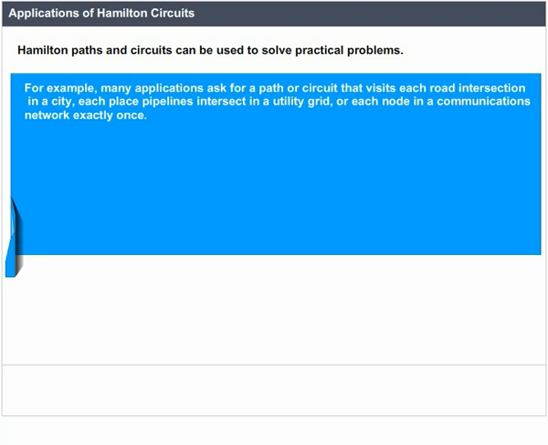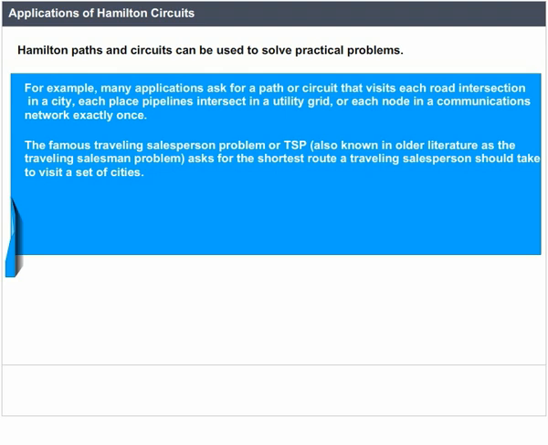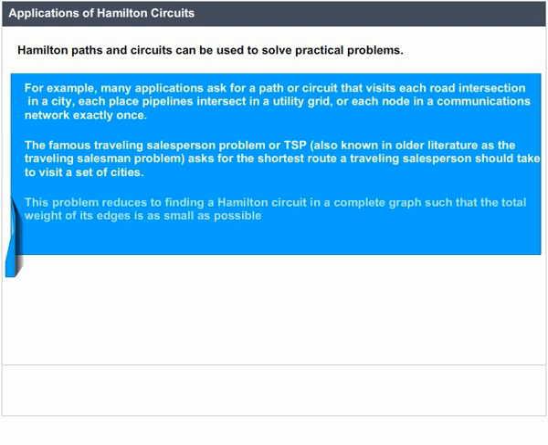The famous traveling salesperson problem, or TSP, also known in older literature as the traveling salesman problem, asks for the shortest route a traveling salesperson should take to visit a set of cities. This problem reduces to finding a Hamilton circuit in a complete graph such that the total weight of its edges is as small as possible.